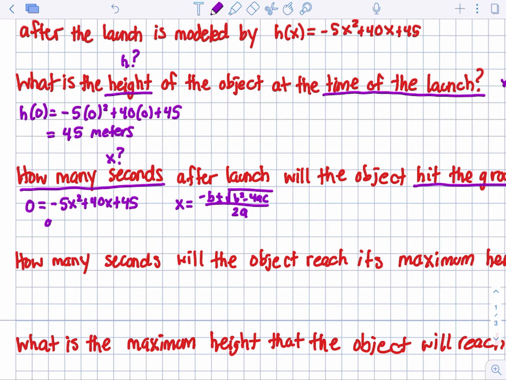Your a value is -5, your b value is 40, and your c value is 45. So we're going to have -40 plus or minus the square root of 40 to the second minus 4 times your a, which is negative 5, times your c, which is 45. All over 2a, and your 2a is 2 times negative 5.